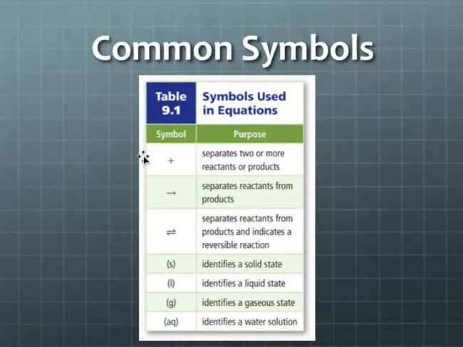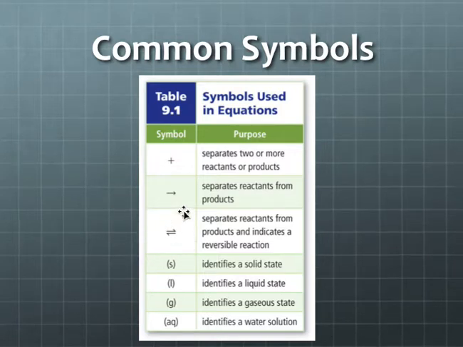A plus sign, obviously, we put between compounds or molecules that are reacting or being produced. An arrow in the middle always separates the reactants from the products. In a word equation, we would see this as yields or produces.